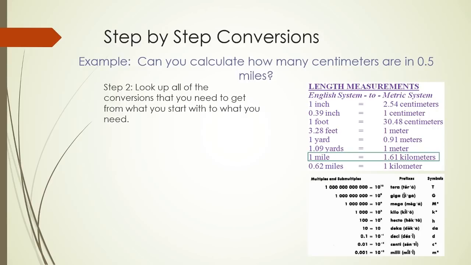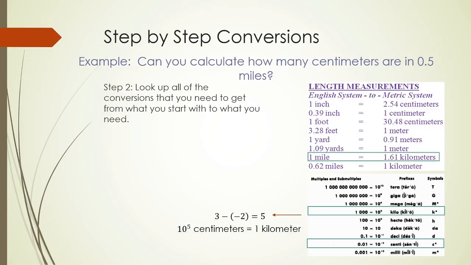So if I look down here at a metric prefix chart, I can go from kilometers, which is a 10 to the 3, down to centimeters, which is a 10 to the negative 2. So I'm moving from a 10 to the 3 to a 10 to the negative 2, which gives me a difference of 5. So there are 10 to the 5th centimeters in 1 kilometer.